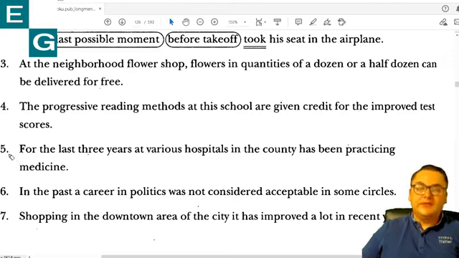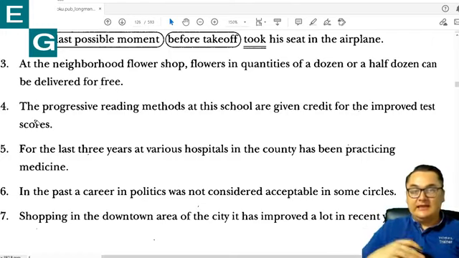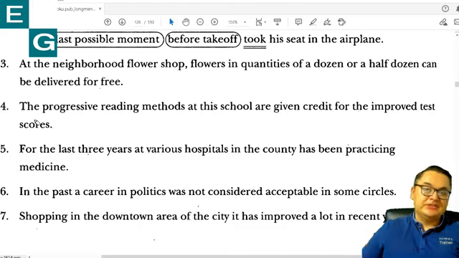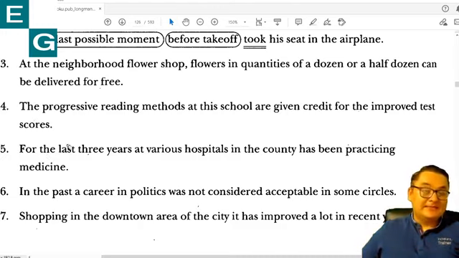For example, number 4, the progressive reading methods. The progressive reading methods starts with one of the words I mentioned previously, and there are no prepositions before. So that would be my subject, my noun, my object of the sentence.